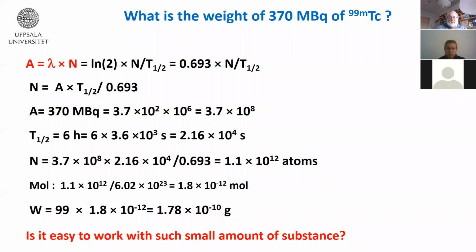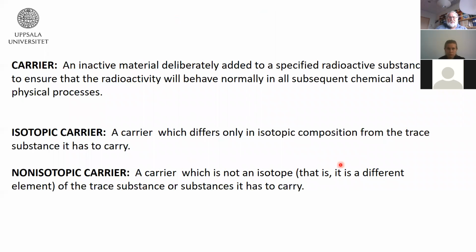So to handle this situation, in early days radiochemists started to work with the so-called carrier, which is defined as inactive material deliberately added to a specified radioactive substance to ensure that the radioactivity will behave normally in all subsequent chemical and physical processes.